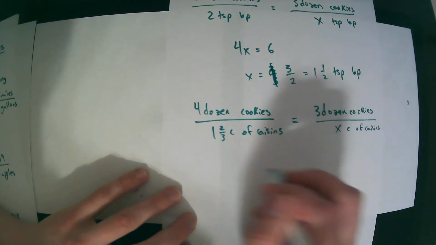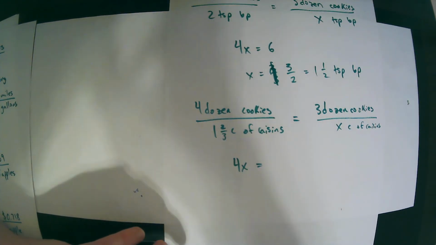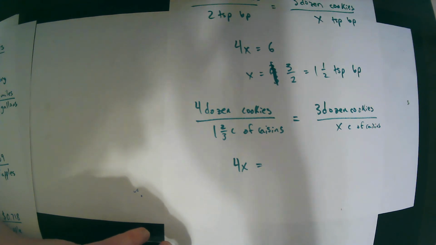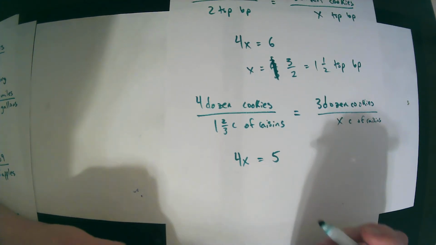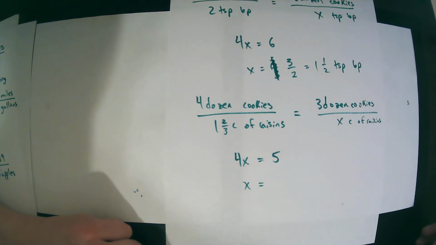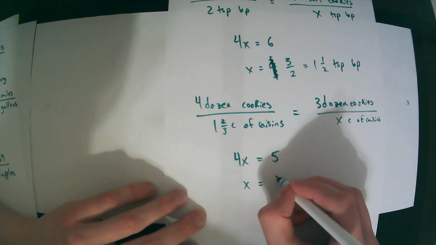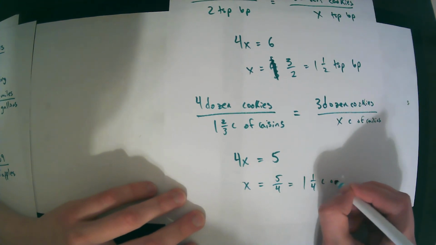Okay, so we're going to have 4X again, equivalent to 3 times 1 2/3. Let's see, that'll be 5. And X is going to be 5 over 4, which is 1 1/4, and this is cups of raisins.